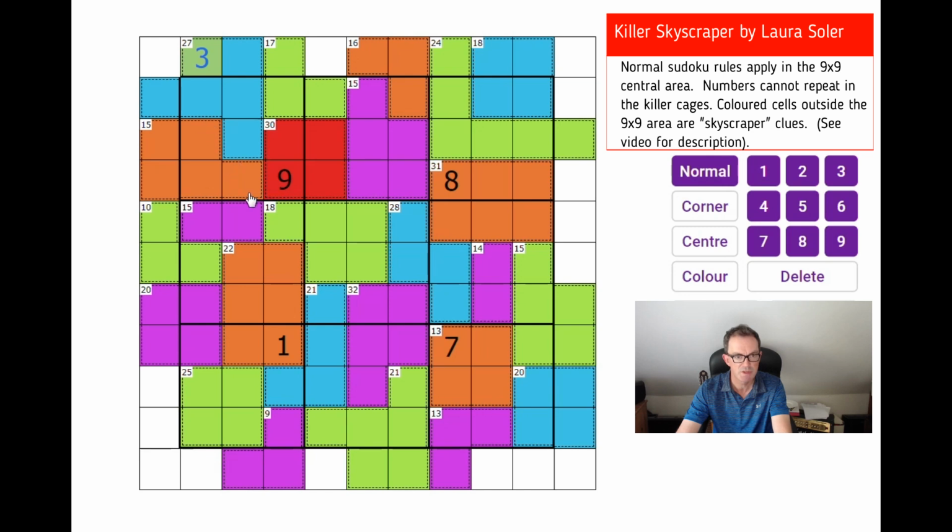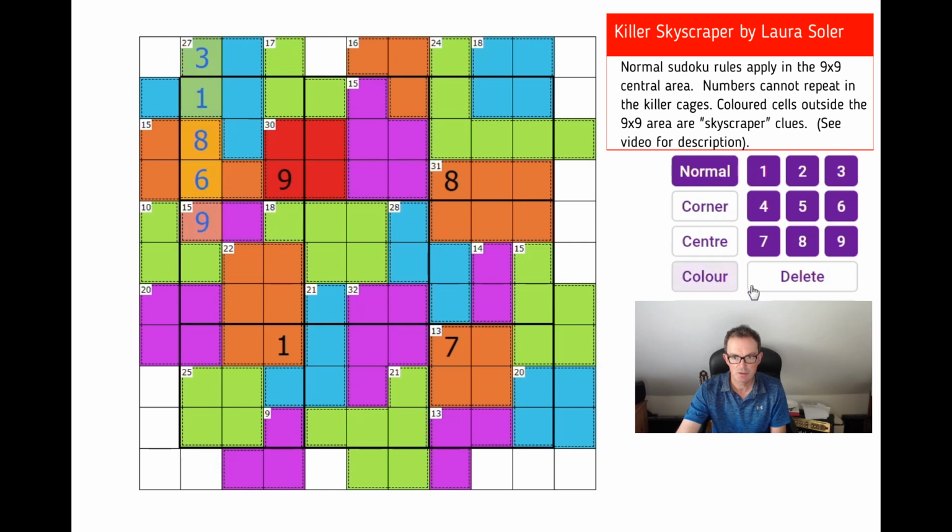So a 1 would be the smallest building, and a 9 would be the largest building. If this was a 3, a valid way of looking at this might be 1, 8 and a 9, because this 3 now can only see 3 buildings. It sees the smallest building, then the second highest building, and then the tallest building, and anything in between it wouldn't be able to see, because the 8 building would get in the way of this 6 building.